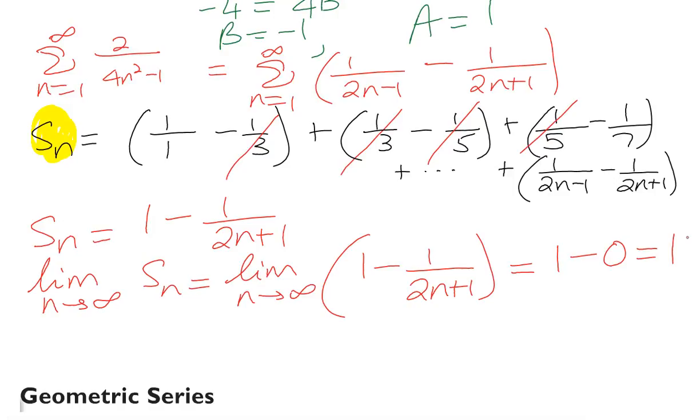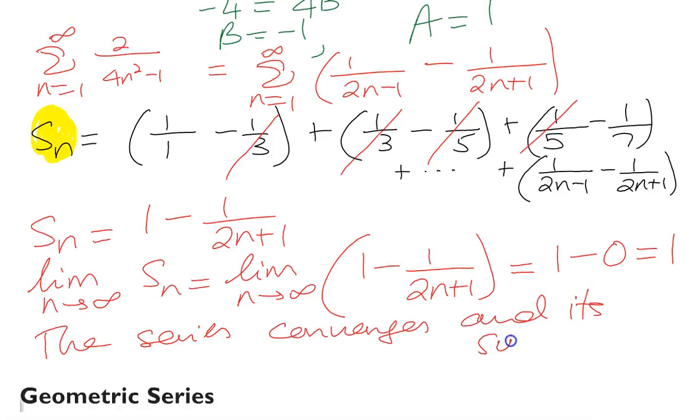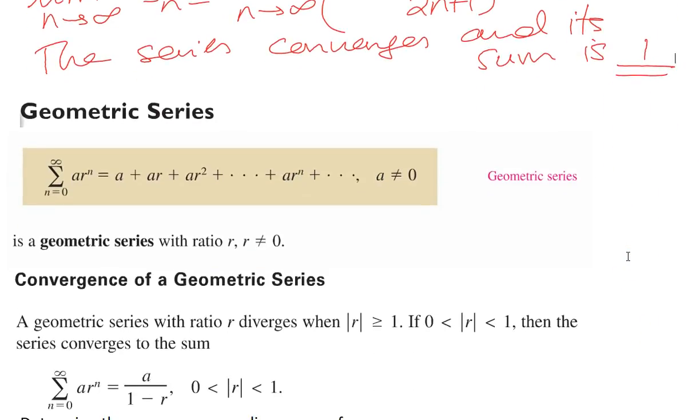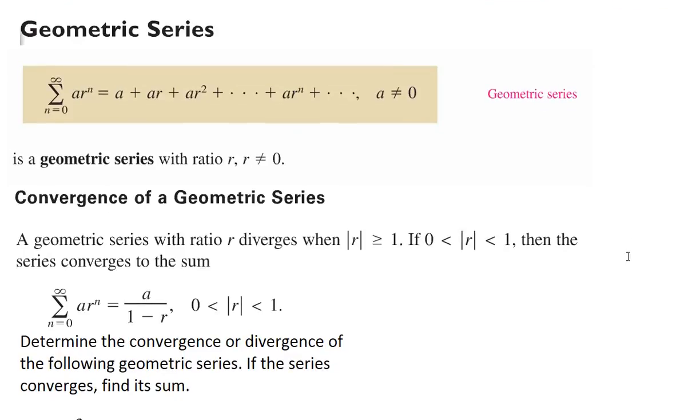So the limit of the nth partial sum is a finite number, 1, so I would say the series converges and its sum is 1. That's one way to determine convergence or divergence of an infinite series.